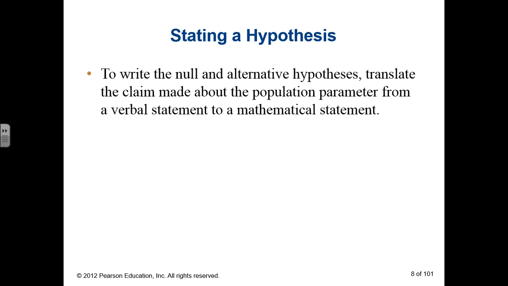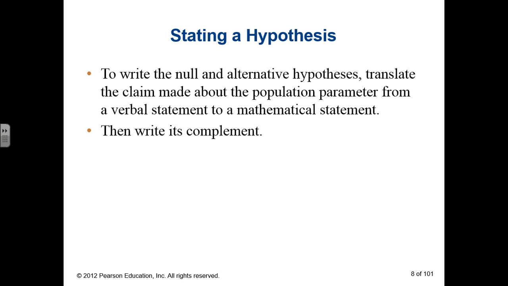To write a null hypothesis, we need to translate the claim into a mathematical statement, then write its complement. One of those, the claim and its complement, will be the null hypothesis and one will be the alternative hypothesis. Remember, what we're looking for is if the words include equality, then the claim was the null hypothesis.